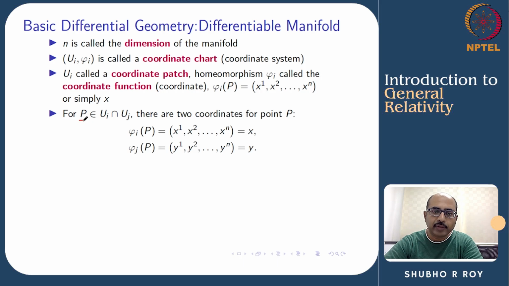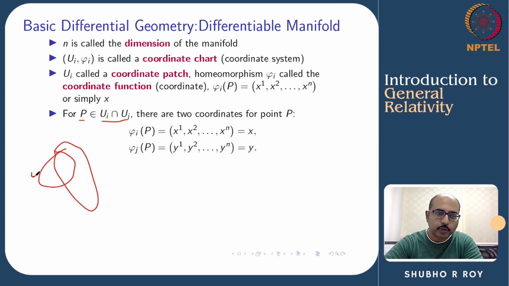And if P lies in the overlap of two charts, then there are two coordinates for the point P, right? As I mentioned last time. So let's say the lower one is UI, the left one is UJ, and P happens to lie in the overlap region.